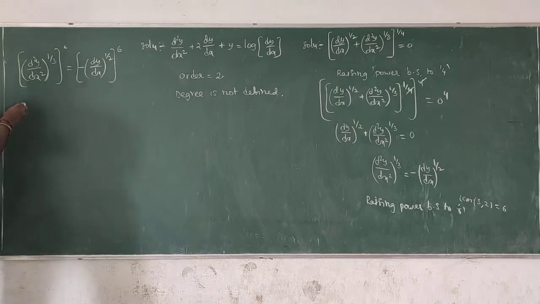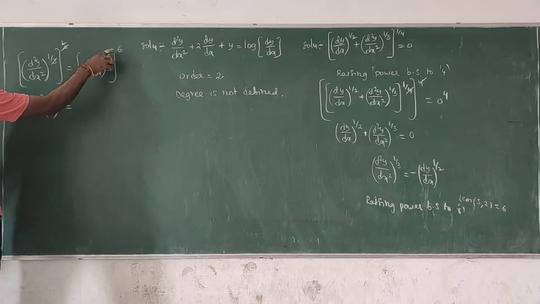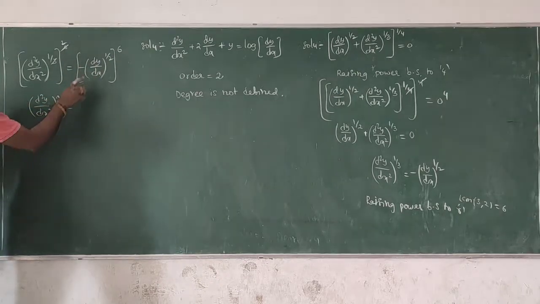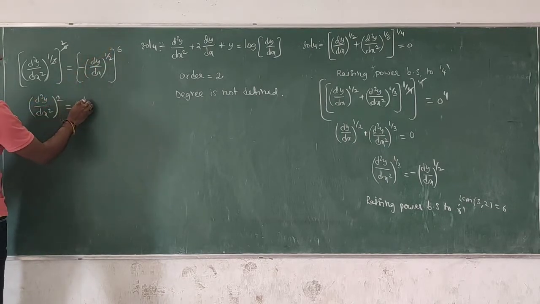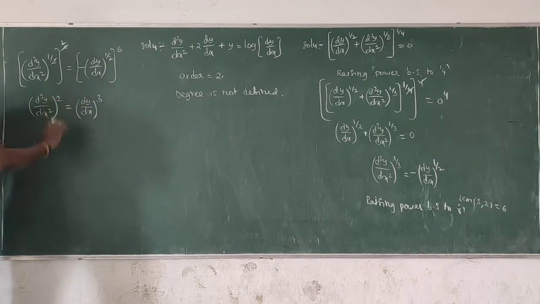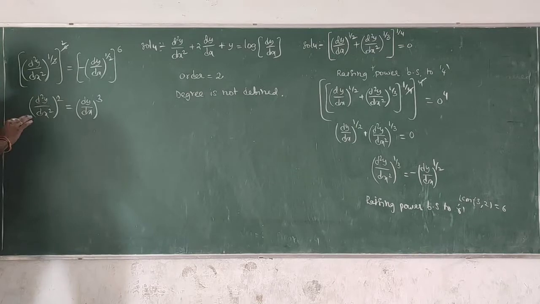Now 3 times 1 by 3 is 1, 2 times... so d square y by dx square whole power 2 equals minus 4 power 6, which is positive, dy by dx whole power 1 by 2 power 6, that is 2 times 1 by 2 times 3, dy by dx whole power 3. Clear? Now the derivative terms have non-negative integer powers.